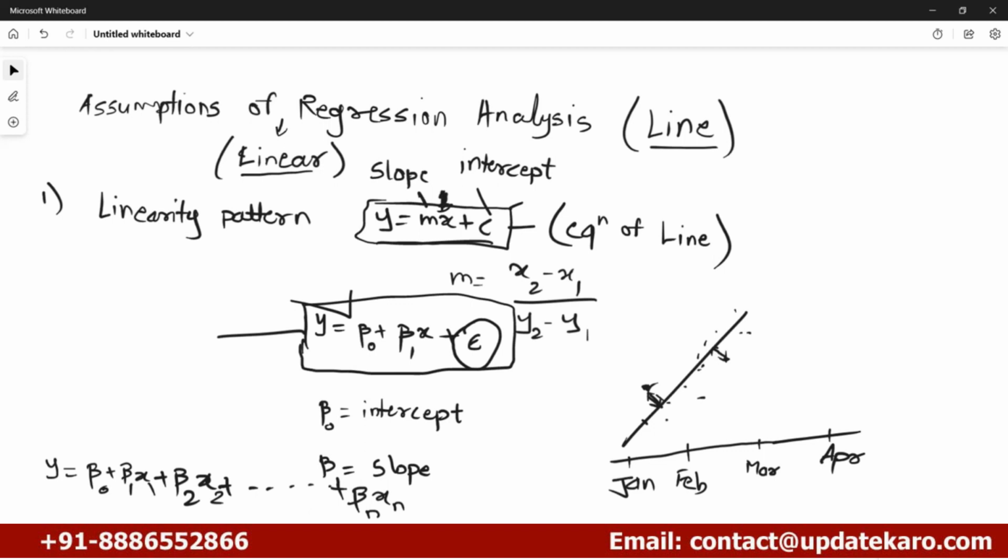Let's assume we have 10 years of data, all months of the previous 10 years. By using that data, I want to predict the sales of my upcoming month, which is April.